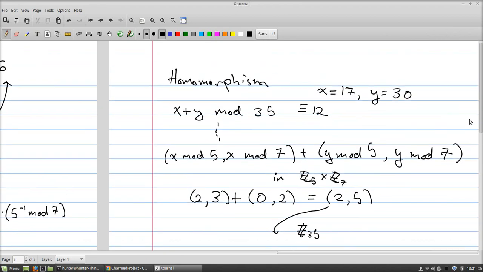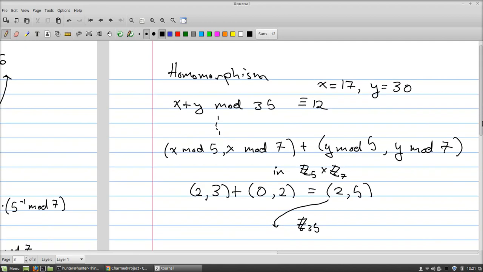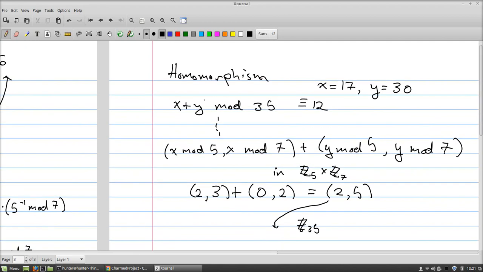And so this means that while you're down in the pair space, you can do arithmetic and then take the result back up, and you get a consistent result. So it's as if you'd done the same operation in Z mod 35 in the first place.